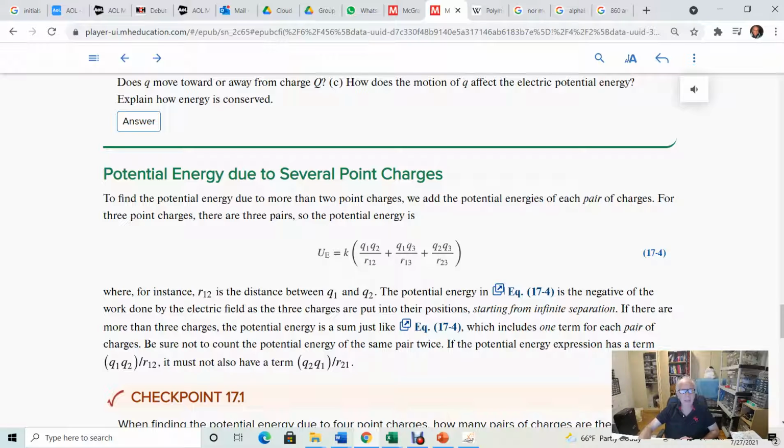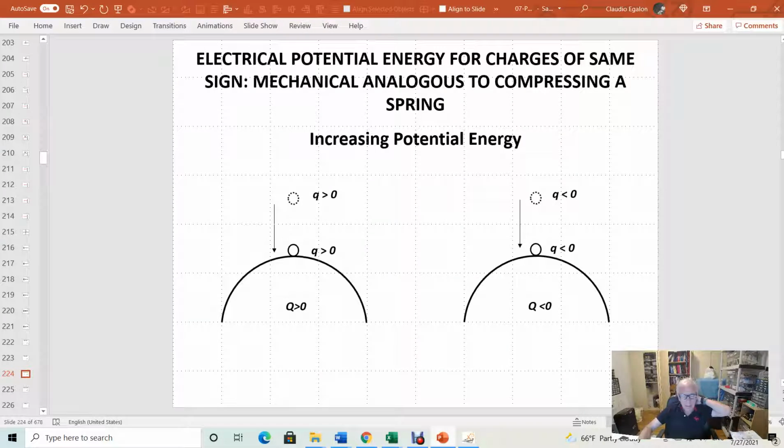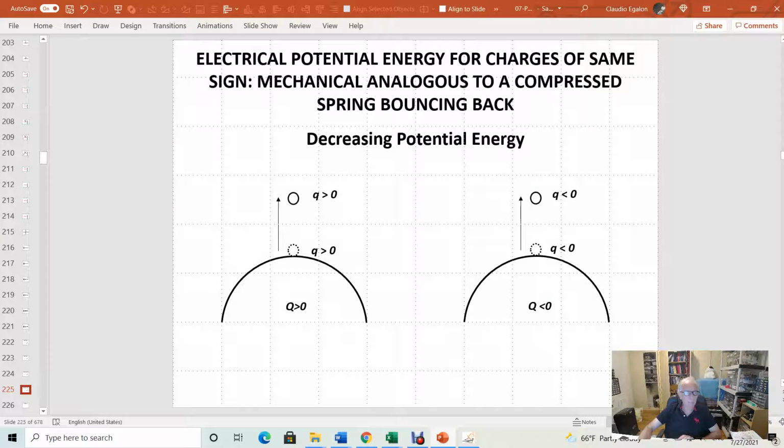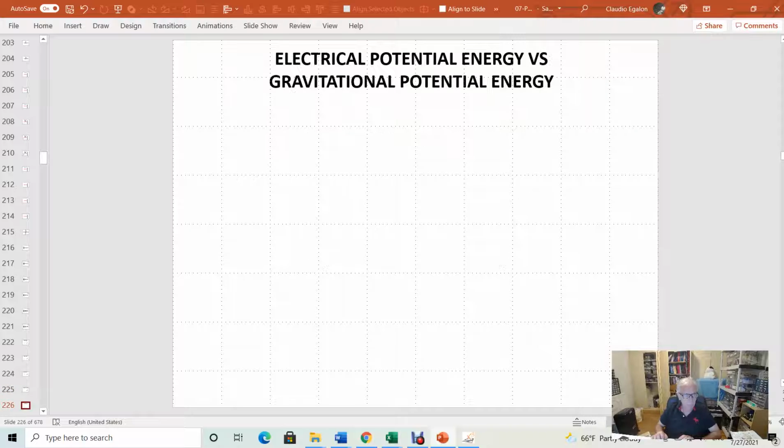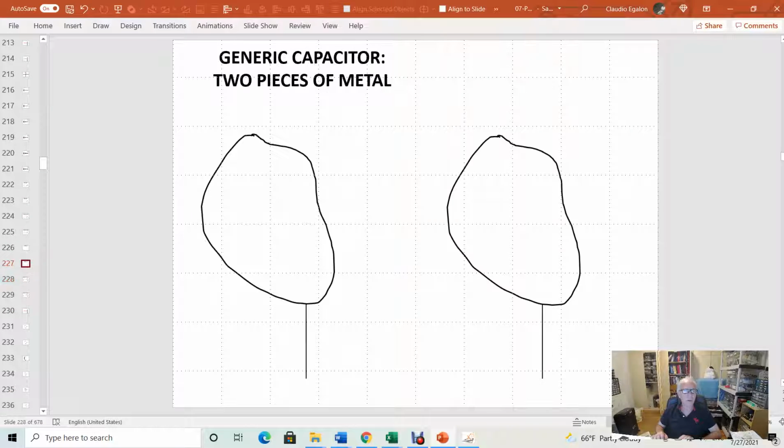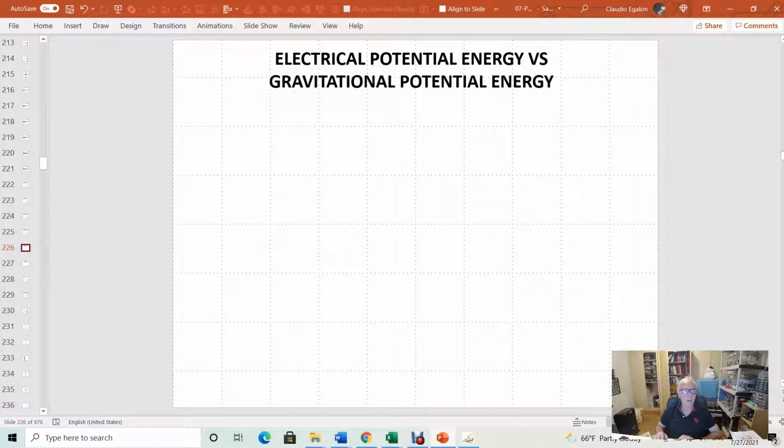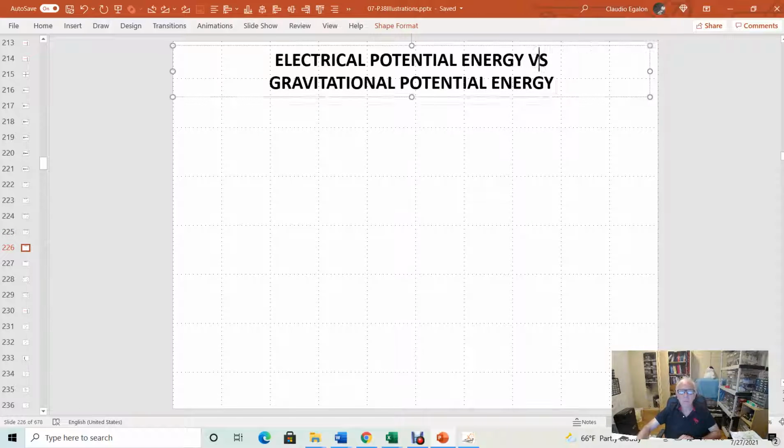How do we do that for several point charges? Okay, you just sum them mathematically. You just take it one by one in pairs. I'm going to illustrate that here for you. Electric potential energy of multiple charges.